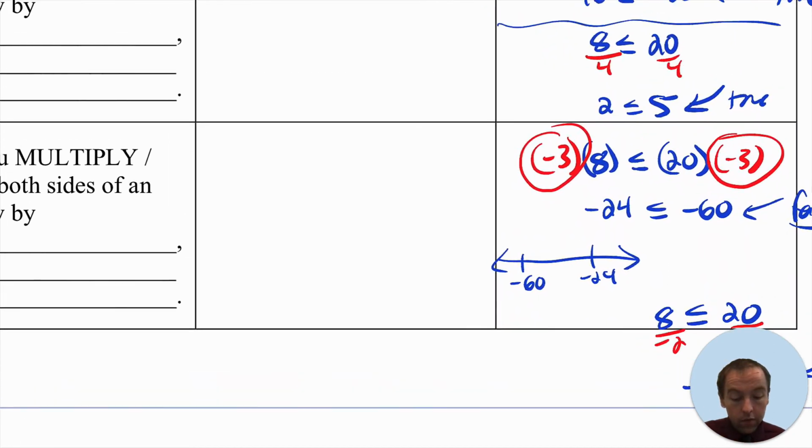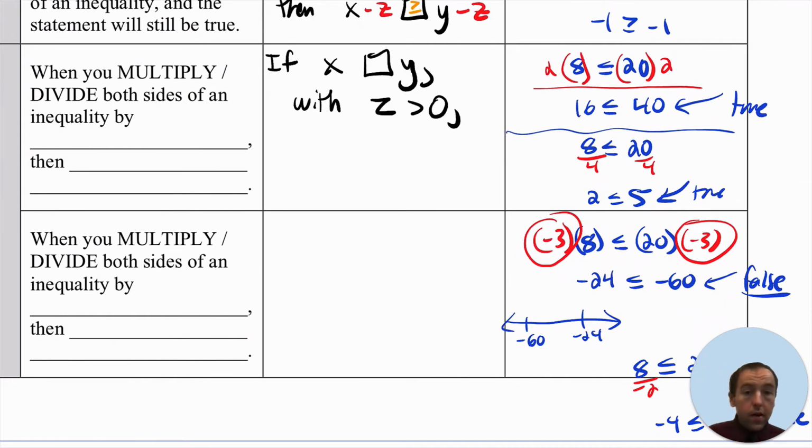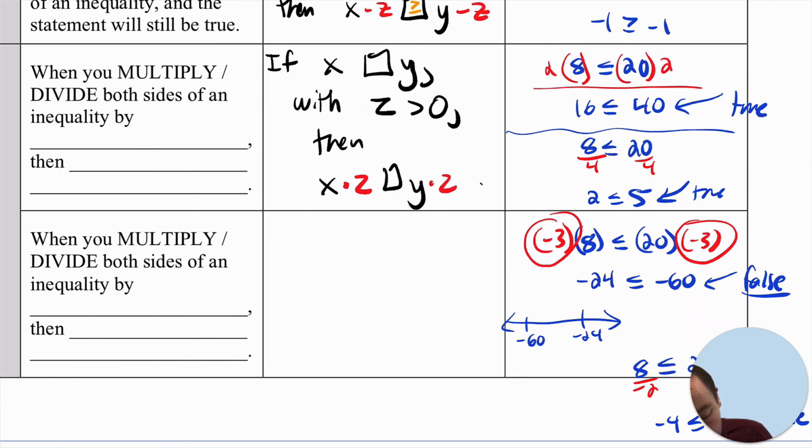So when you're multiplying or dividing by negatives, the direction of your inequality needs to change for the statement to become true. Algebraically, what that means is if we have x compared to some y, and we know that is true, then with a positive number z, with z greater than 0, it will hold that x times z and y times z keep that comparison, and also x divided by z and y divided by z will hold with the same comparison.